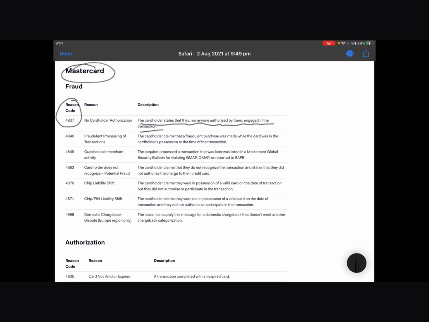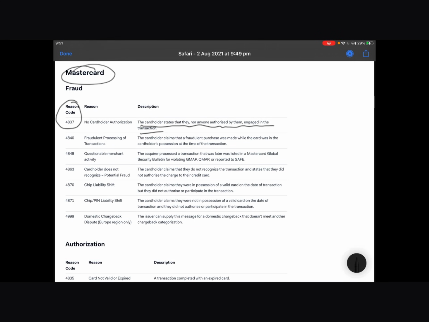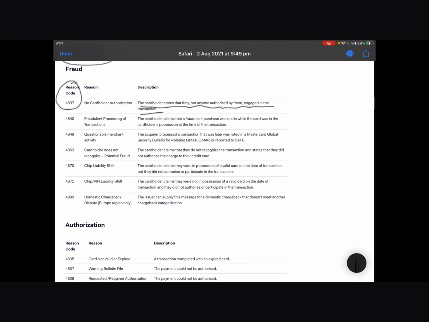This is what I was explaining before: the reason codes change from scheme to scheme, but their purpose, or the message, remains the same, while the code might differ. So it's 4837 over here, for example, whereas there was 10.2 for Visa. This is how it basically works. They all map, but they are different codes, is what I'm trying to say.